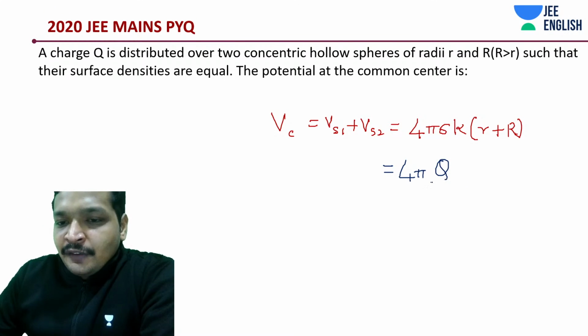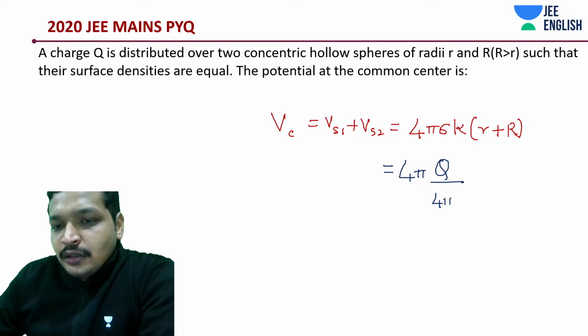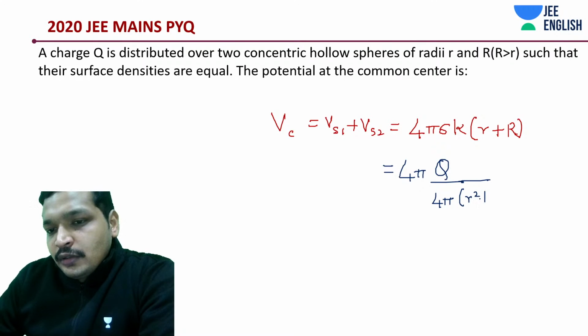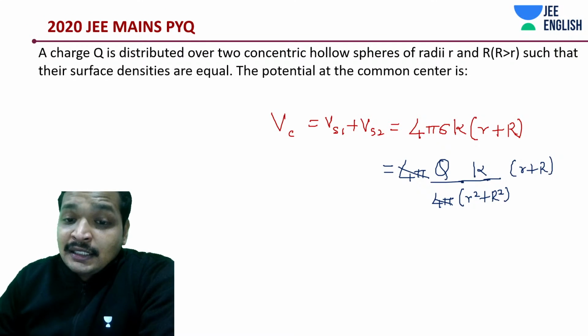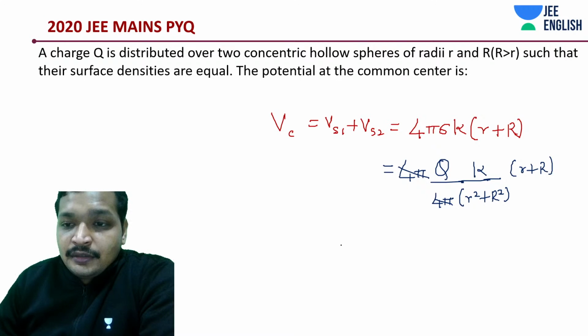So q divided by 4 pi times the sum of the areas, taking out 4 pi common. Same answer. Little long. And we also have k, of course. Don't forget k. Dimensional consistency is very important.